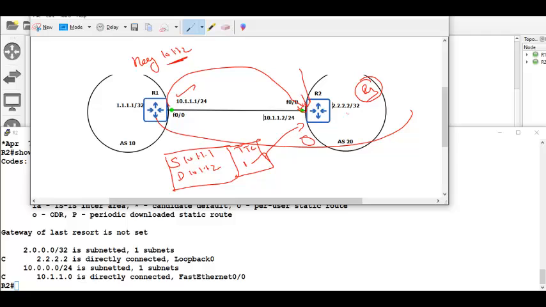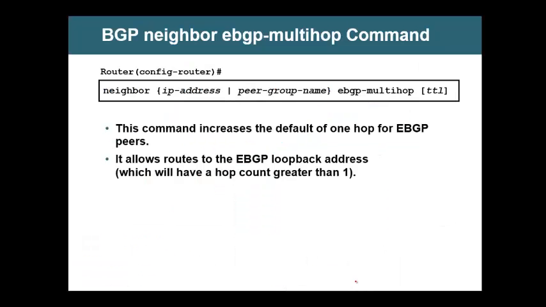Alright, now coming back to the story. There's a command called neighbor address ebgp-multihop, where you can increment the TTL value to 2 or 3. I said by default the outgoing TTL value is 1. Why should I increment the TTL value?